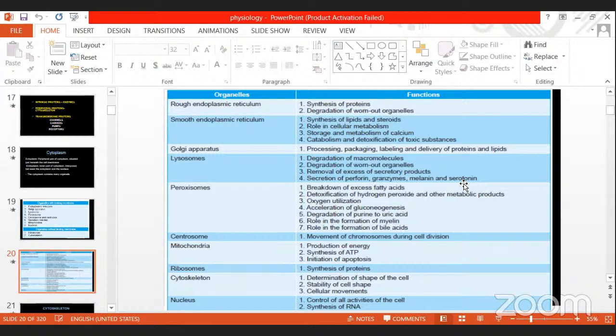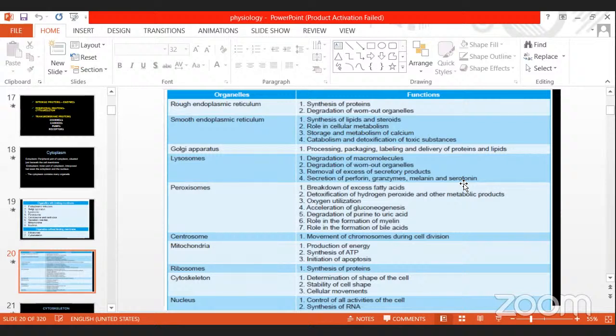And the next one is peroxisome. Peroxisome helps in the breakdown of excess fatty acids, detoxification of hydrogen peroxide and other metabolic products, and oxygen utilization. In the name peroxisome itself, oxygen is given, so it is related to oxygen.